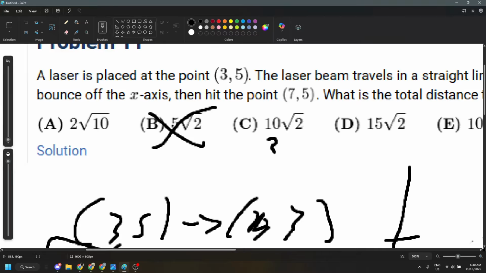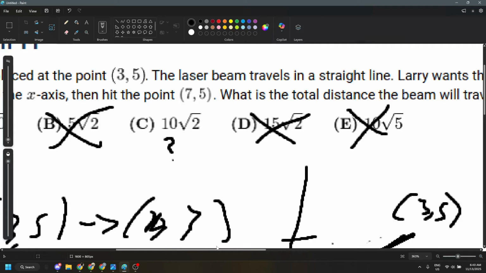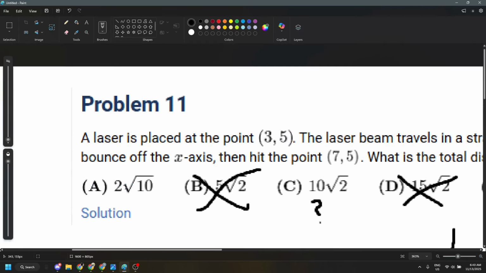This one is eligible. It's not going to be this one. And root 10 is like 3.1, 2 times 3.1, it's not going to be this one. It's going to be this one. That's my guess, because that's the closest to what we approximated.